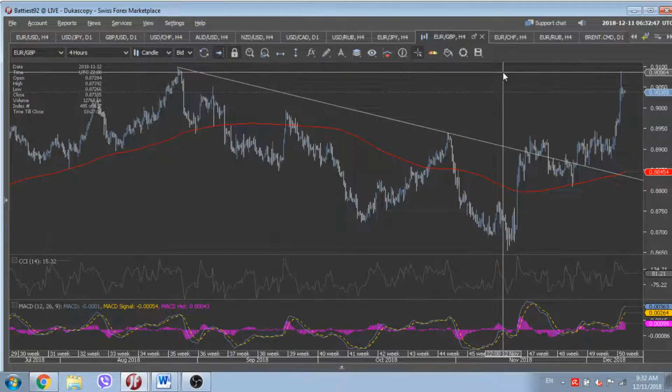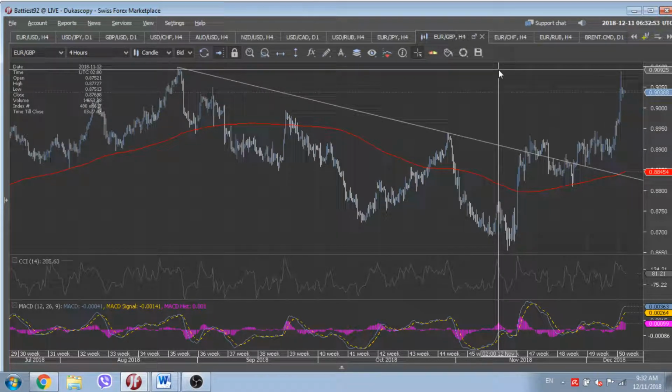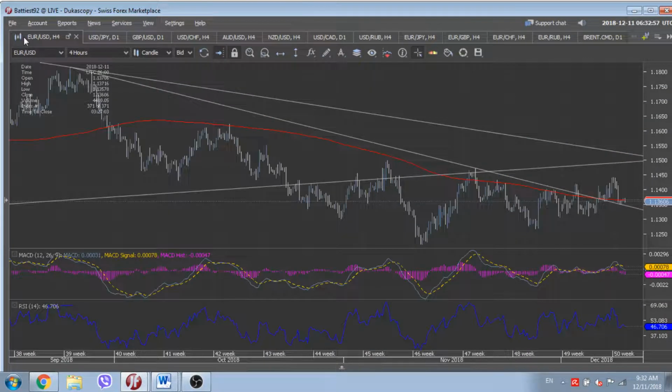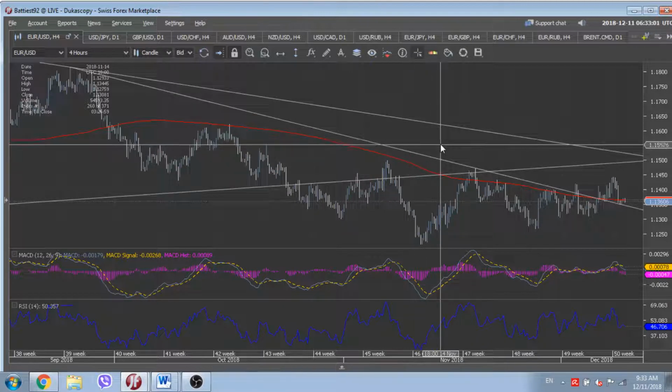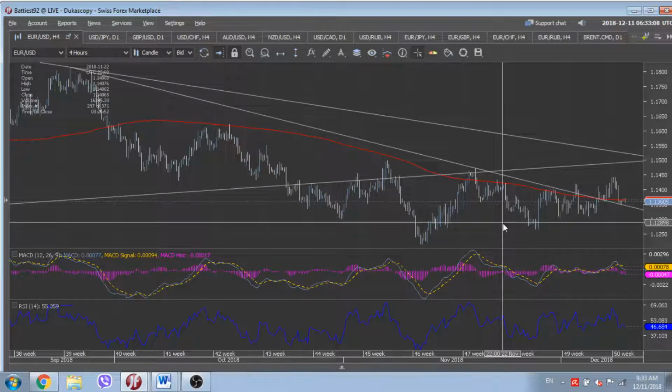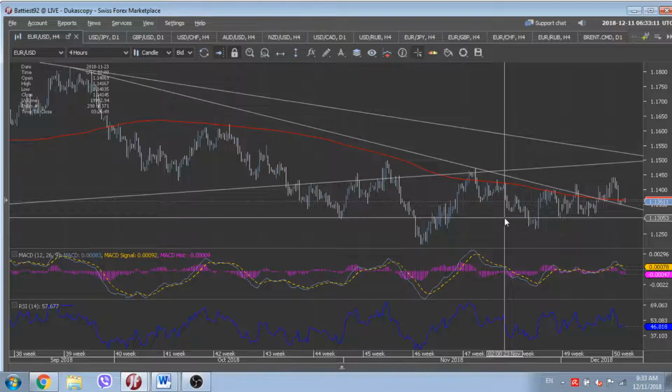But here of course the euro currency should also remain under downside pressure, and in that case now let's go back to the euro dollar, which is at 1.1360 at the moment. There is a small support waiting for us at 1.1350 with a stronger one around 1.13.